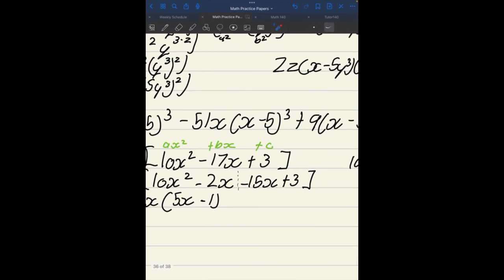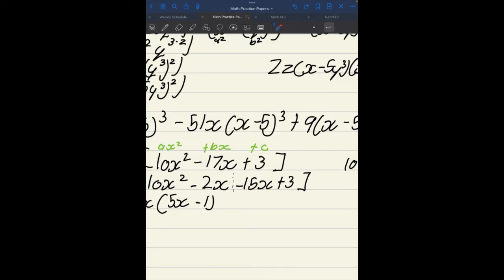Now what's common in these two? 3. So we could factor out negative 3. Negative 15x divided by negative 3 is positive 5x, and 3 divided by negative 3 is just minus 1.